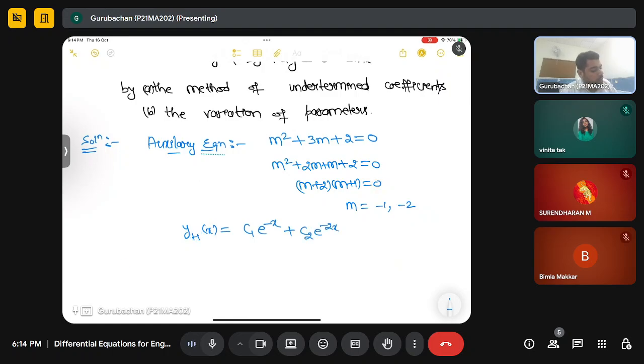Now the remaining part is, first we need to find its particular solution with the help of undetermined coefficients, then with the help of variation of parameters. So try this one.